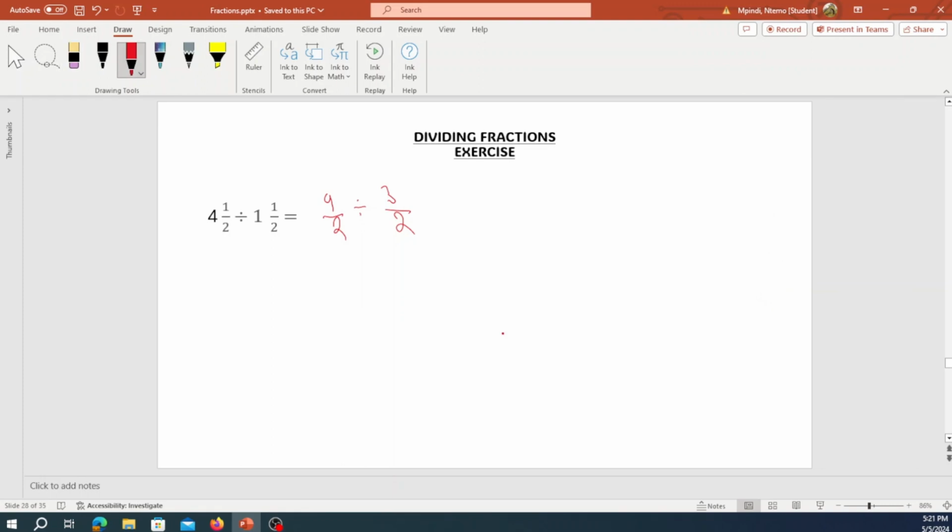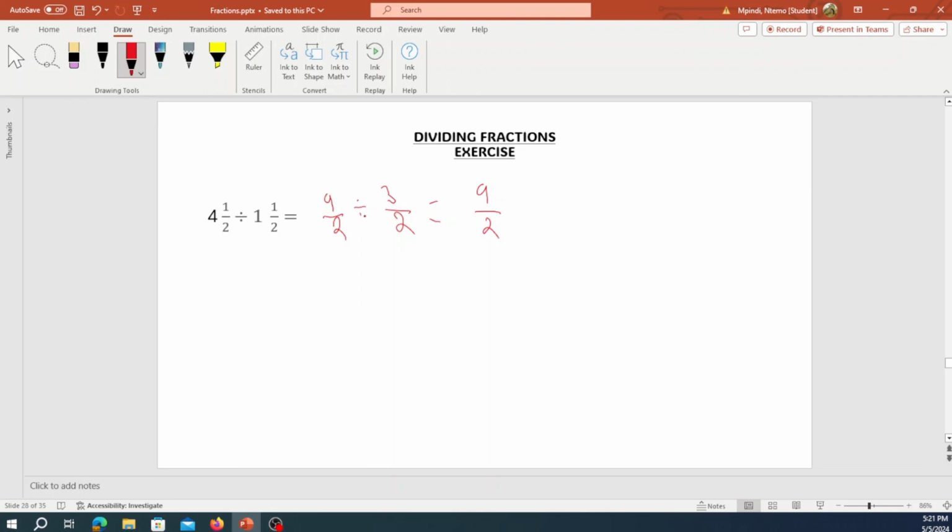So now remember, when we're doing the division, this side, we're not moving it. We're changing this side. Remember that, because we're dealing only with this side. Now we're gonna rewrite this here, okay? So we're gonna write equal 9, 2.